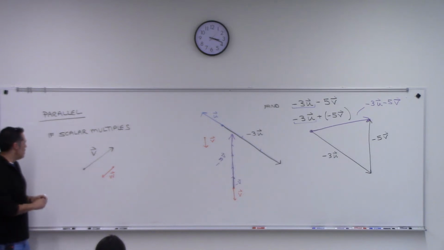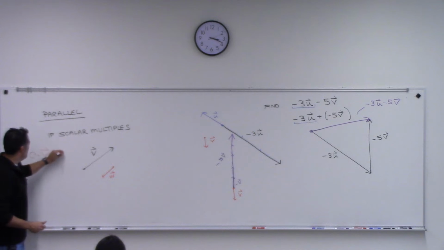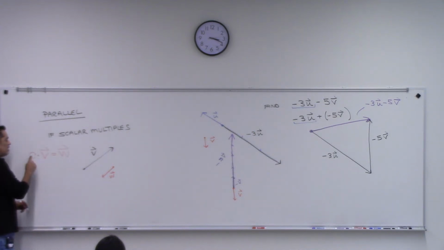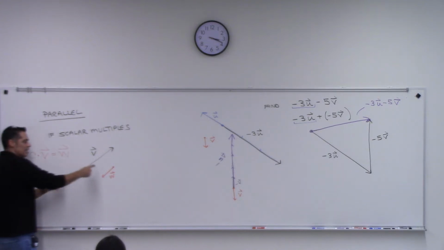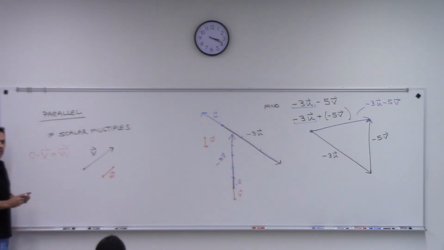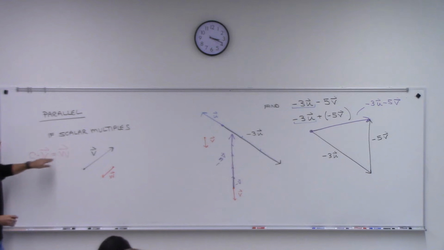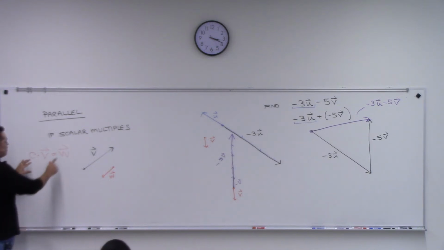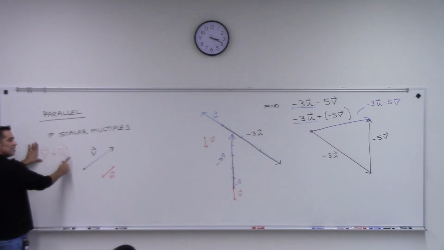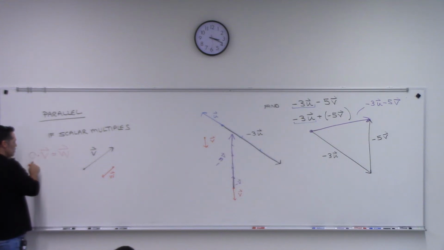So there's some number I can multiply in front of v that would get me w. I don't know what the number is, but I know that this number would be negative and it would be a fraction. And then I would get w somehow, right? And so you see that this is what it means to be a scalar multiple. This vector and this vector, I'm not saying that they're the same. I'm saying there's a number I can multiply this by to get that one.